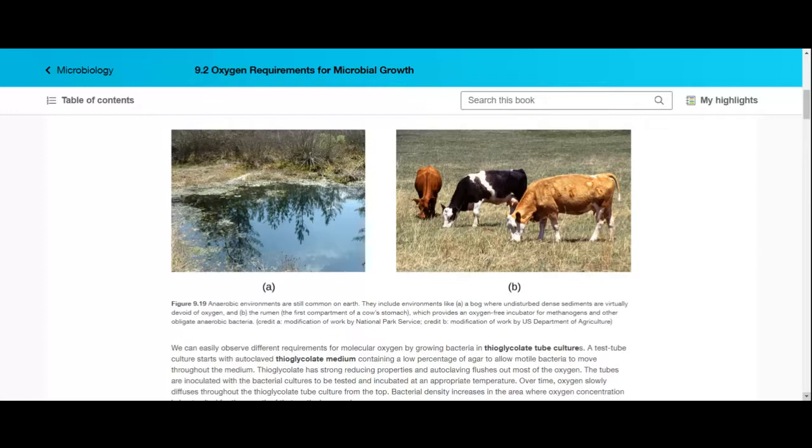The thioglycolate medium basically has very little oxygen. So when we put the bacteria in, we can get a growth pattern that results based on the bacterium's need for oxygen. Okay.